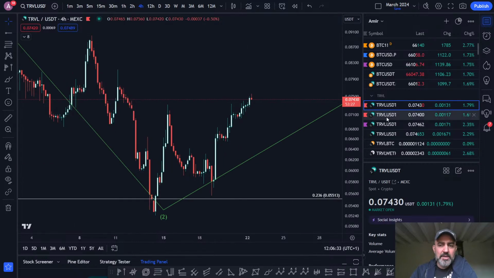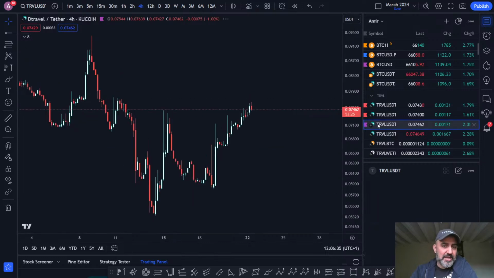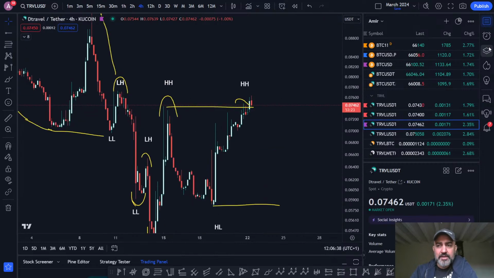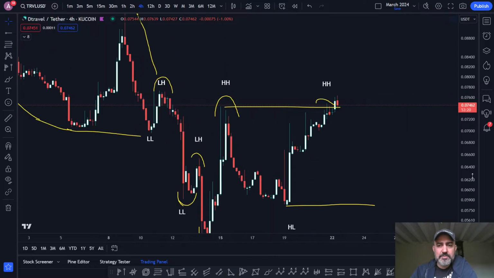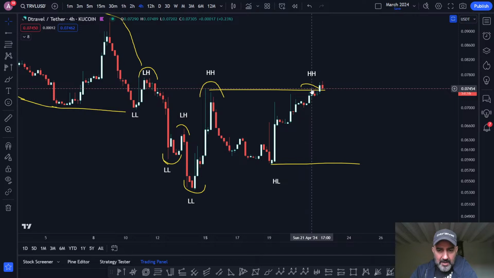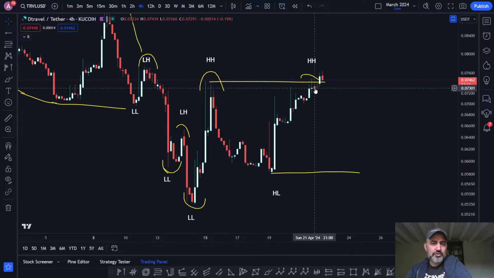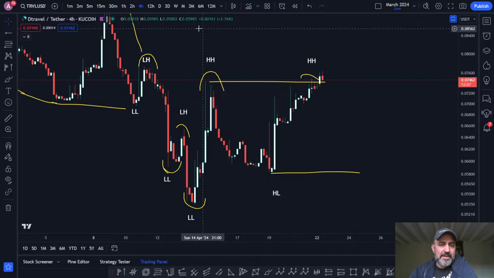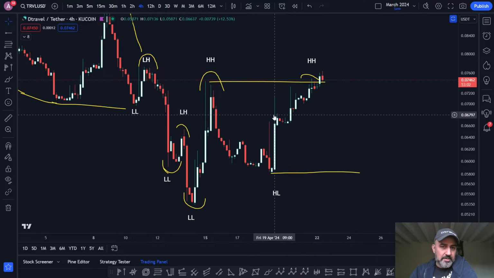This is UK time. And then the last exchange that I was looking for was KuCoin, because I didn't want there to be divergence between the exchanges. And then here you can see we made a higher high basically at the same time as MEXC. So MEXC and KuCoin made the higher high at the same time, and then Gate and Bybit made the higher high in the morning at 9 a.m. You could argue that Bybit and Gate are leading, but actually the confirmation is when all the exchanges are doing the same thing.